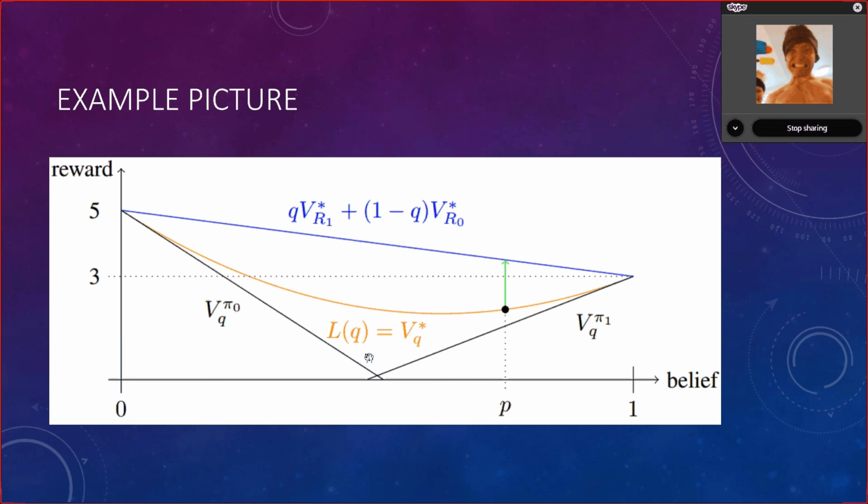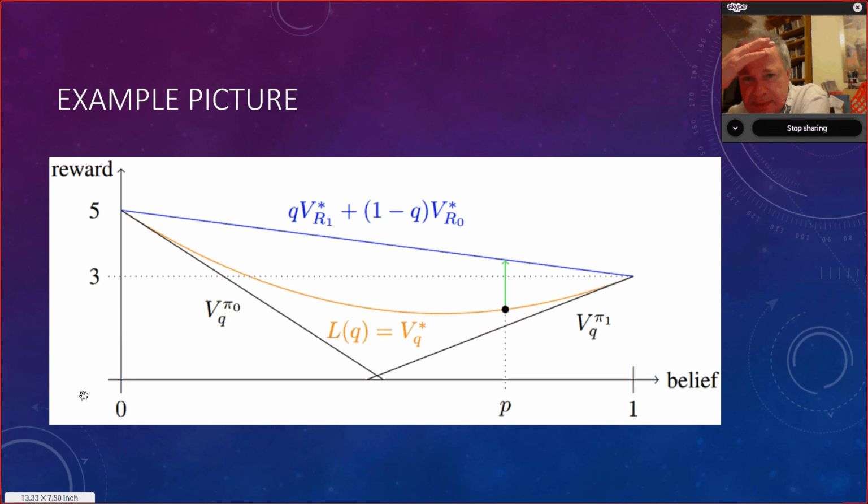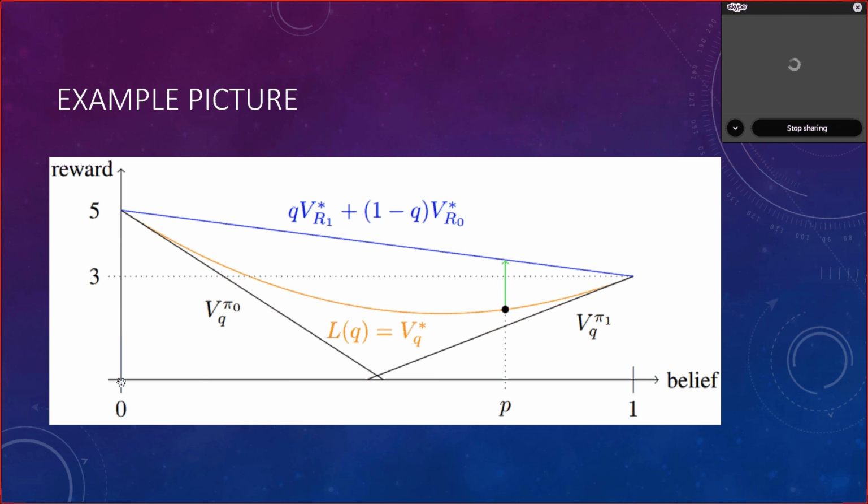So on the x-axis here we have two hypotheses. We have a belief P, which right here looks like we are 80% towards hypothesis 1 and quite far from hypothesis 0.